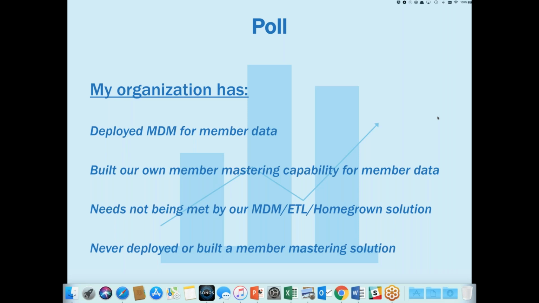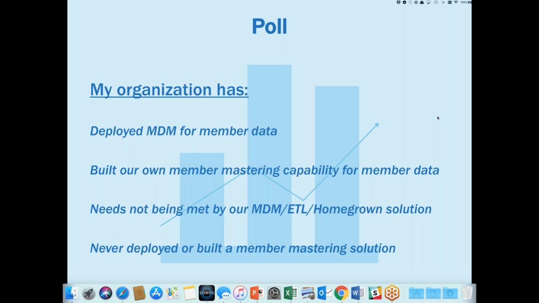Looking back in my history, working with Initiate and with all the health insurance companies I worked with, while we were very successful and a lot of them had deployed MDM technology or something around unifying master data or member data, a lot of them just felt it was very cost prohibitive for the value.